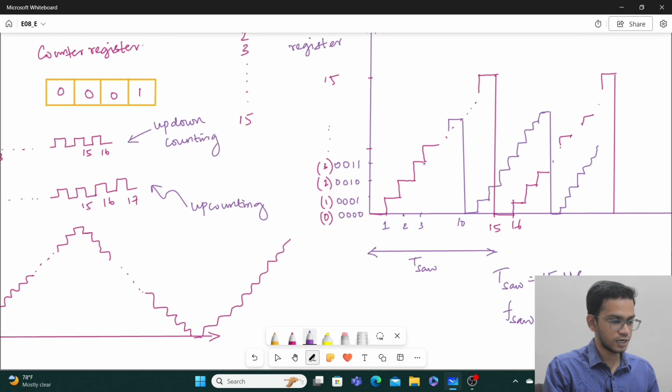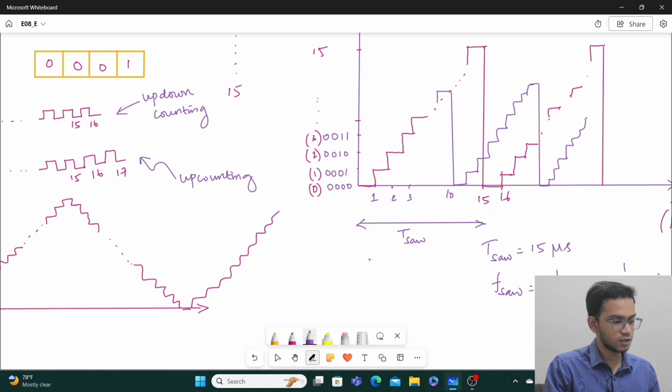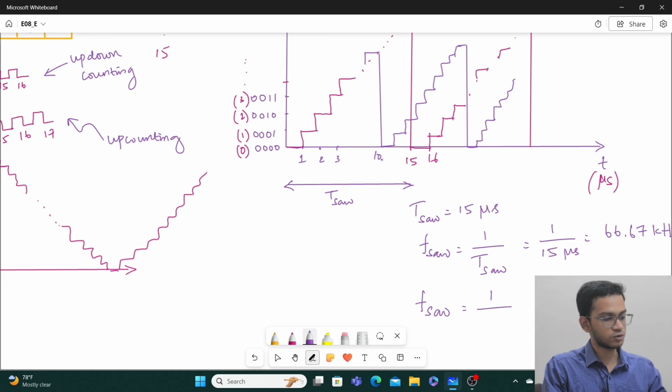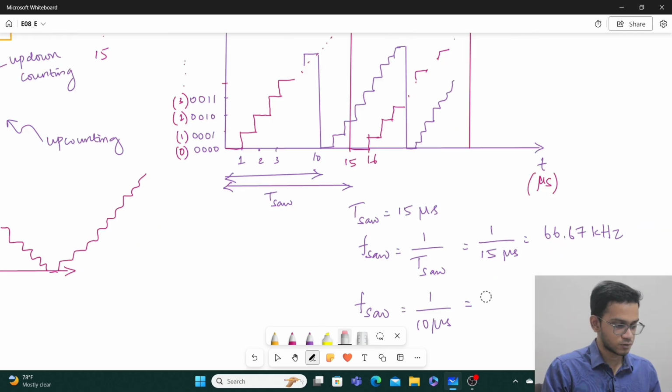Now you could see that the frequency of this sawtooth wave will be F sawtooth equals 1 upon, here your T sawtooth is no longer 15 microseconds, your new T sawtooth is 10 microseconds. So this is nothing but 100 kilohertz.